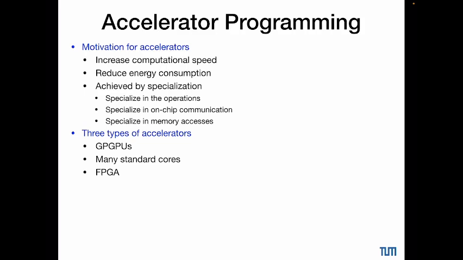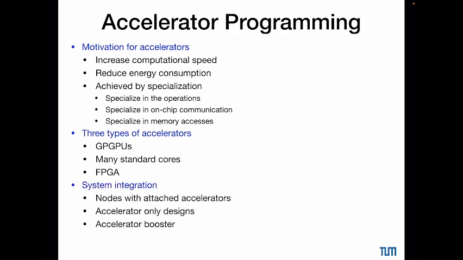There are three types of accelerators that I want to mention. These are the GPGPUs. Then we have accelerators inside of standard cores, the SIMD units. We talked about that already. And then we have FPGAs, field programmable gate arrays. There is also now really a trend to look into how these can be used in standard applications for speeding up certain parts of the computation.